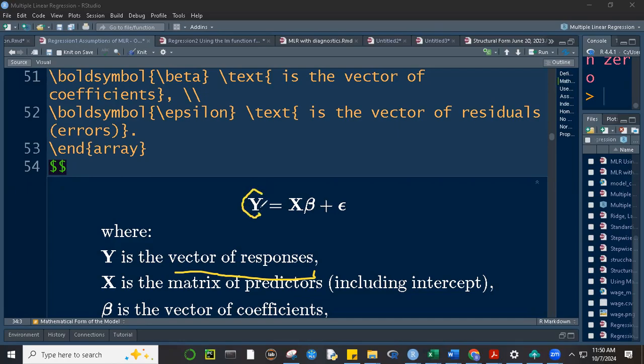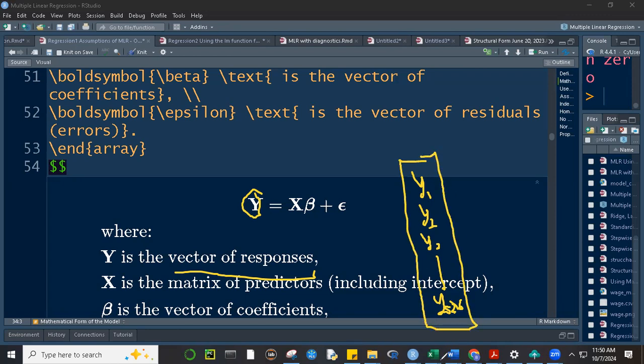We know that this is y sub 1, y sub 2, y sub 3, until y 526. All the values we find in our CSV file, the hourly wage, will be your vector of dependent variable.